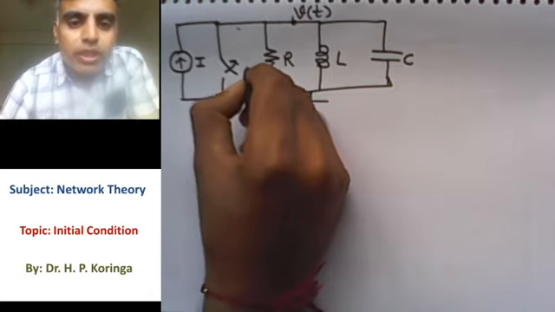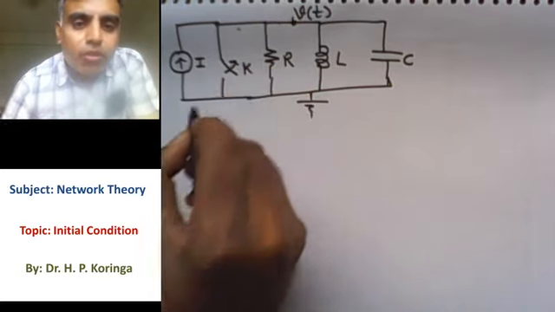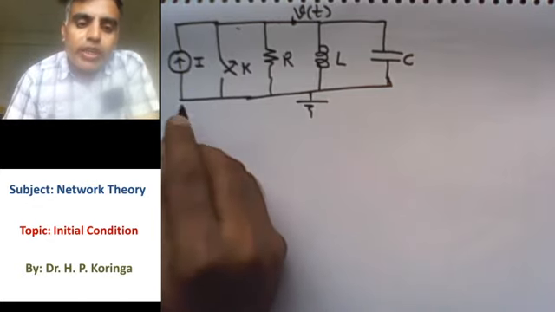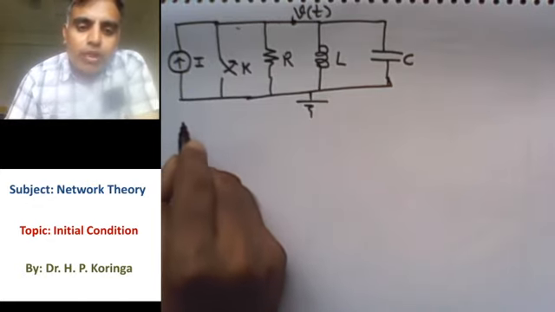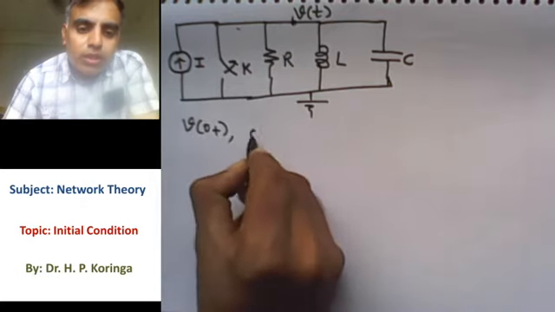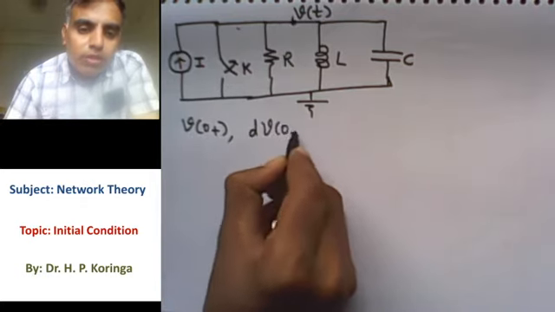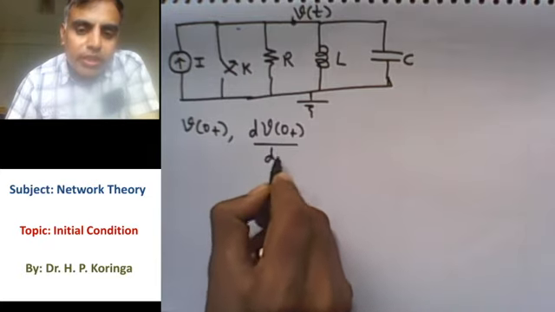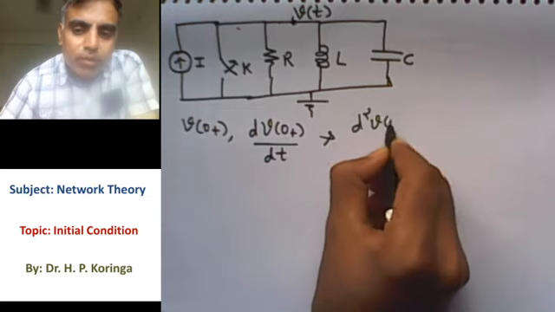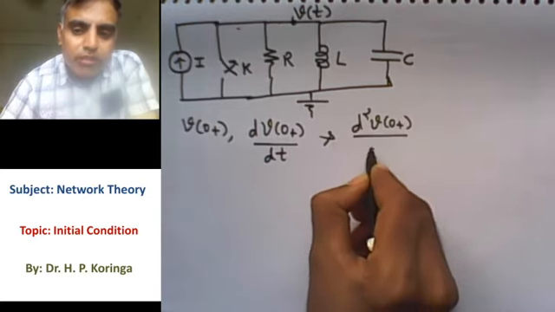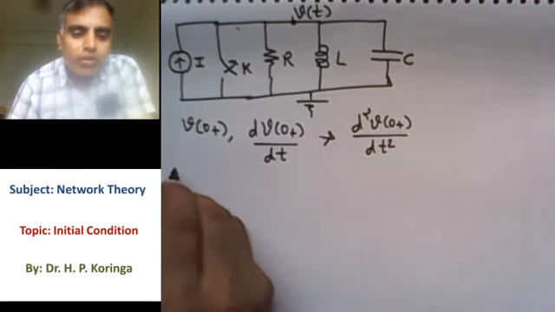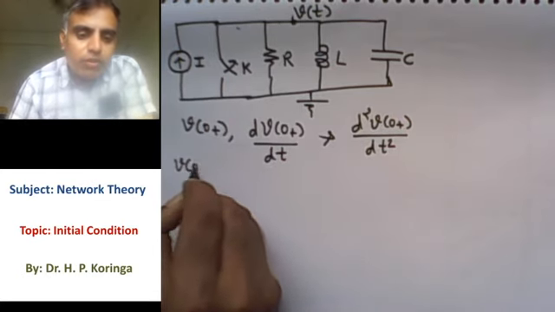The switch is initially closed and then it is open, right? So once the switch is open, our interest is to find v(0+), dv(0+)/dt and d²v(0+)/dt². Let me solve for v(0+) first.